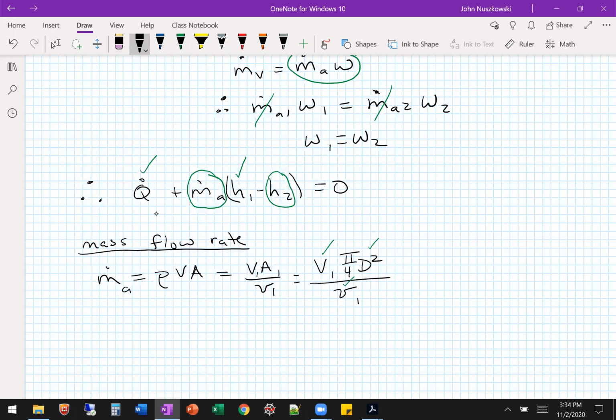We plug that all in, and we get 1.422 kilograms per second.